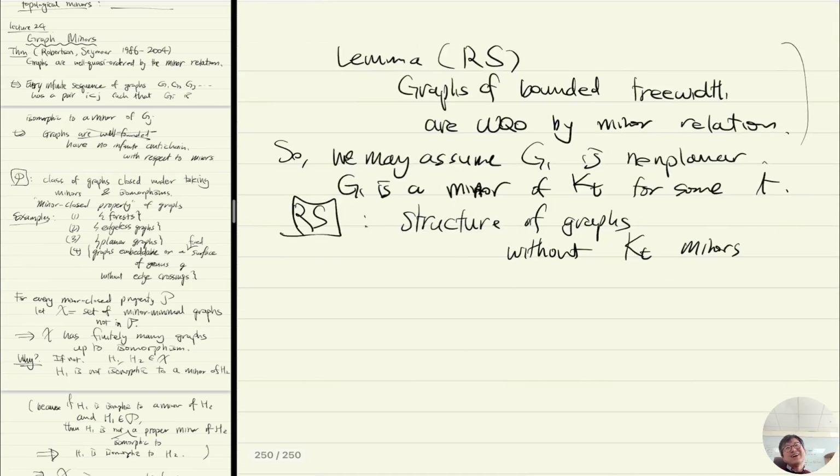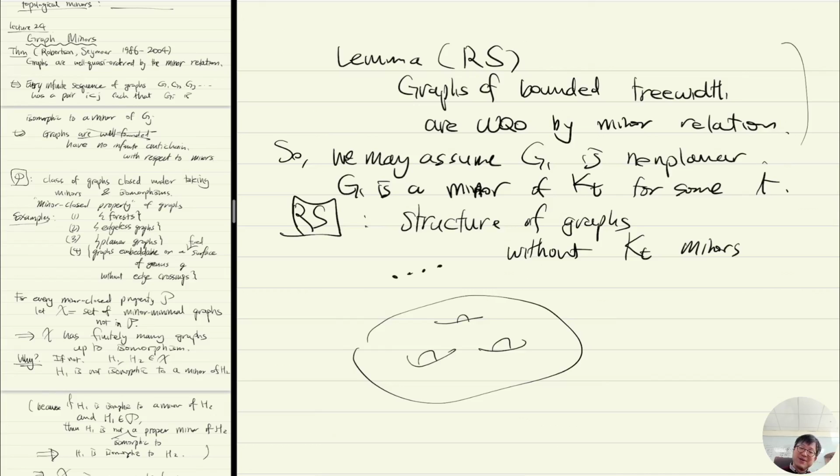So what are they? For fixed t, if you don't have a complete graph on t vertices as a minor, it can be built from graphs embeddable on a surface of bounded genus, because graphs on a bounded genus surface cannot have large complete graphs embedded without crossings. But then there are certain things. Maybe you might have a small number of vertices outside adjacent to all of them.